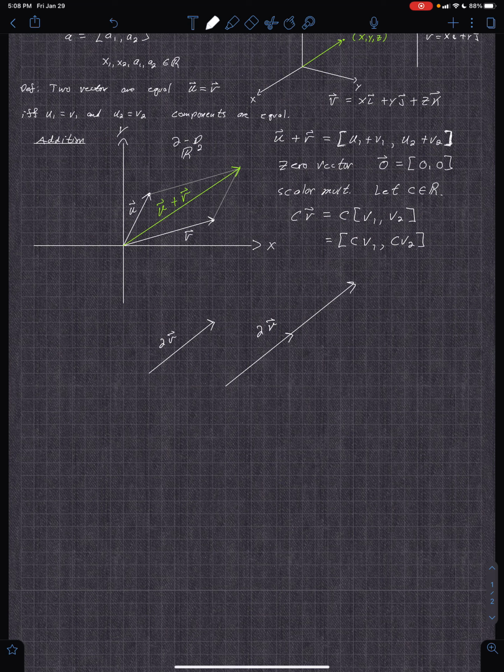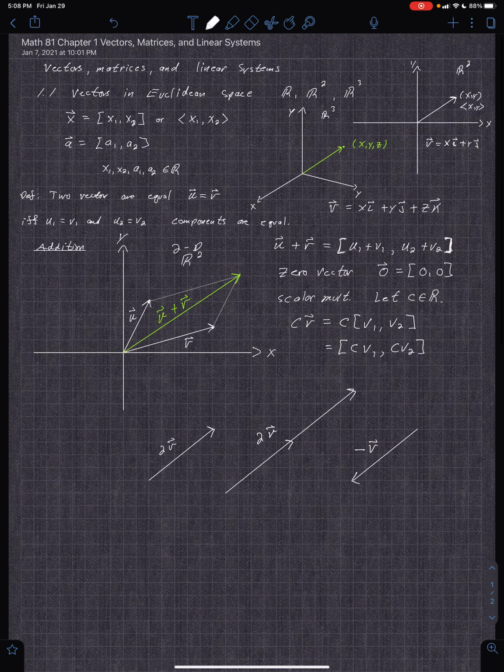And then you could do the opposite: negative v would be the opposite direction. Okay, so that's just a quick recap of vectors in 2D, and it's easy to extend that to 3D.